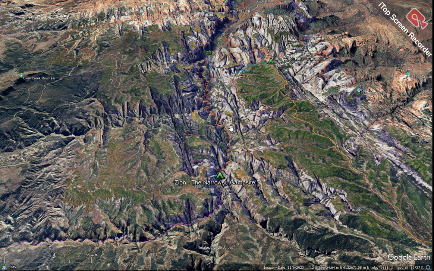So, looking at our map here, the main parts of the park up here is where the front gate is, if you're coming in from the west side, with Springdale back up here. Watchman Campground and the visitor center are all up there. As you drive up into the canyon, the split happens right about here.